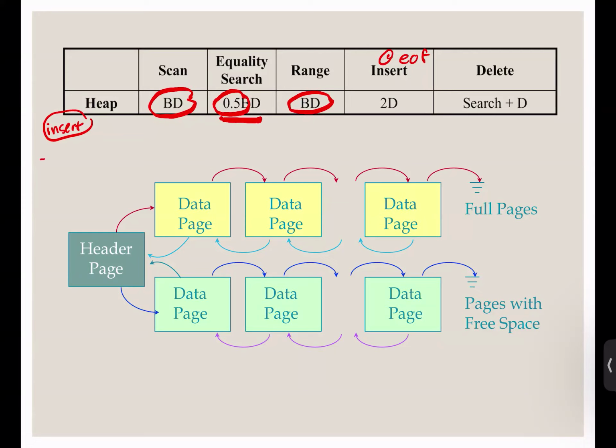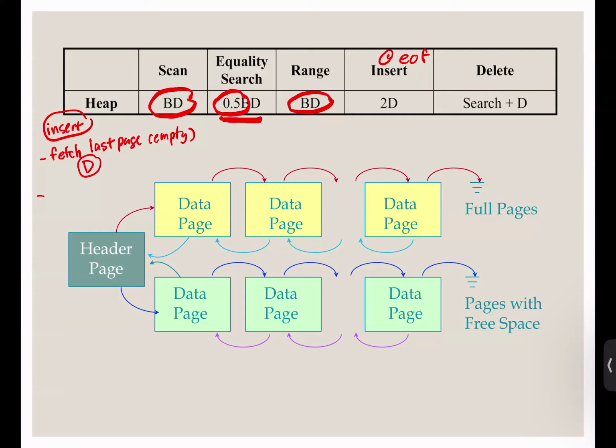So that's the cost of fetching. You have to fetch the last page that has an empty spot, not an empty page, but it could have something in there, with some empty spot for you to put the insertion record in. Okay, so that's one page to read, and that one page costs you D time.